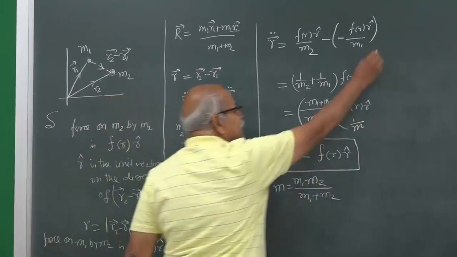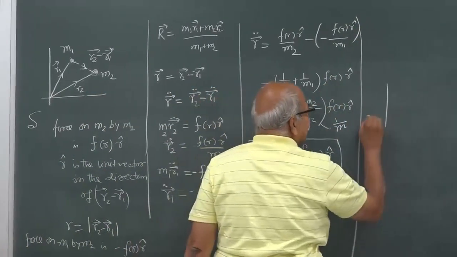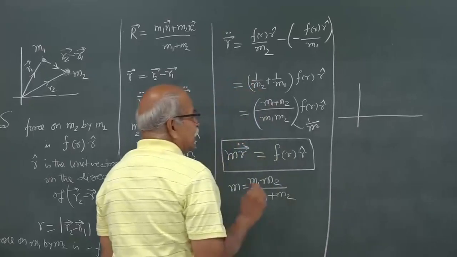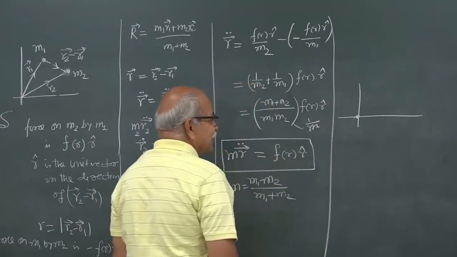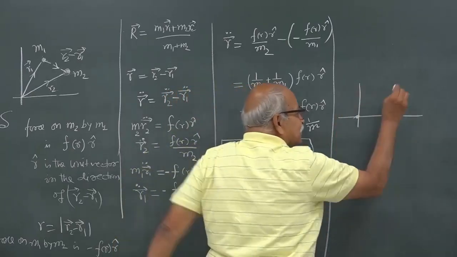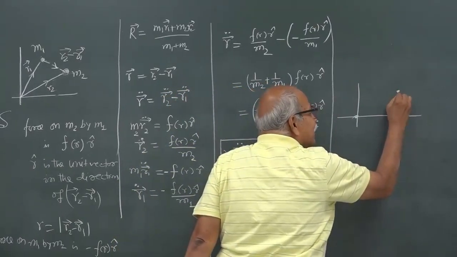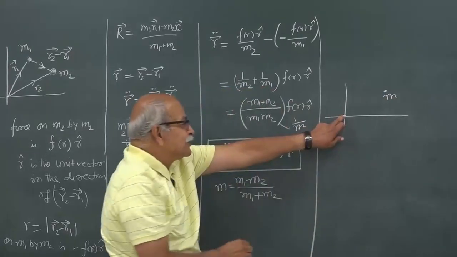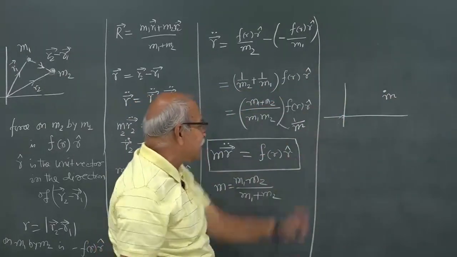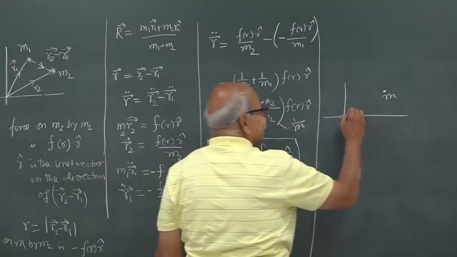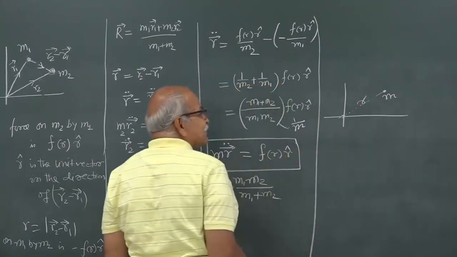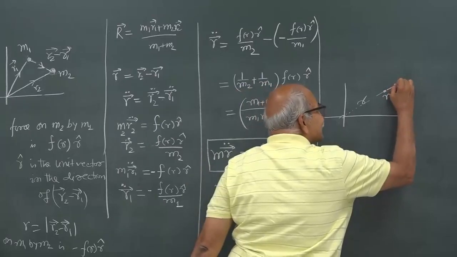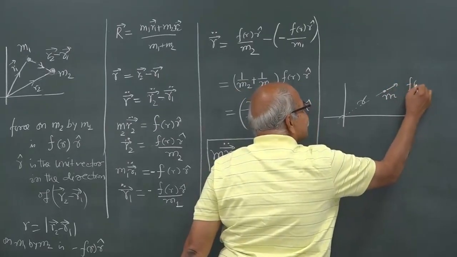You have an inertial frame, and here is the origin, and just one single particle of mass m. Somehow this origin is exerting a force on that m, and that force is dependent only on the distance from the origin, and it is in the radial direction, it is Fr r cap.